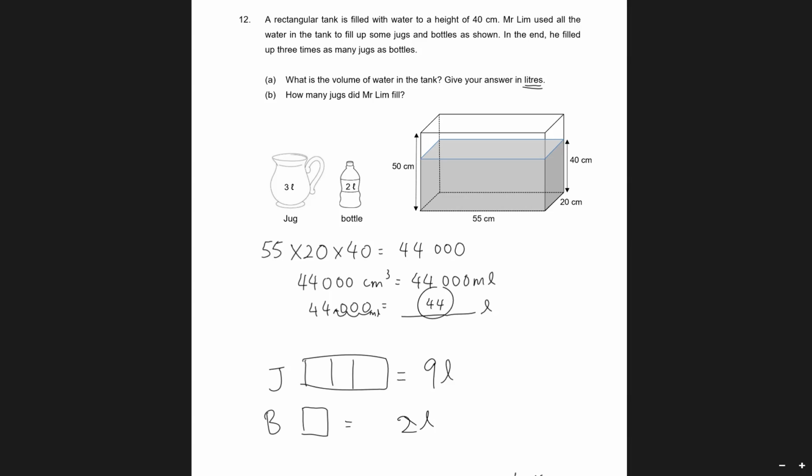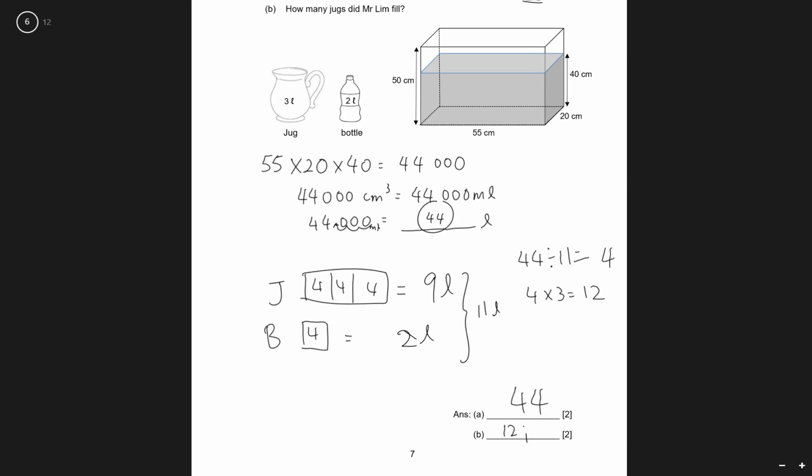Because I've used 3 jugs, I've only used 1 bottle. 3 times as many jugs as bottles. So a total of 11 liters is being filled each time, and they are all together 44 liters. Divided by 11, I will actually get 4. Okay, 4, 4, 4, and 4. How many jugs did I use? 4 times 3 equals 12. So I've actually used up a total of 12 jugs.